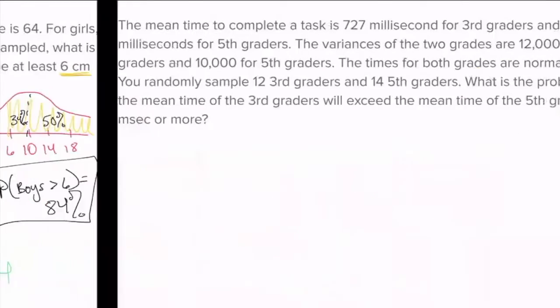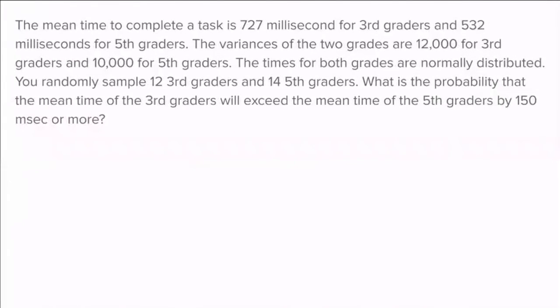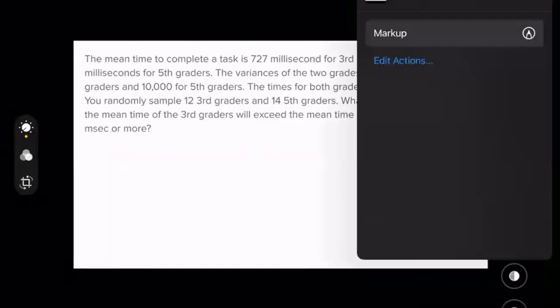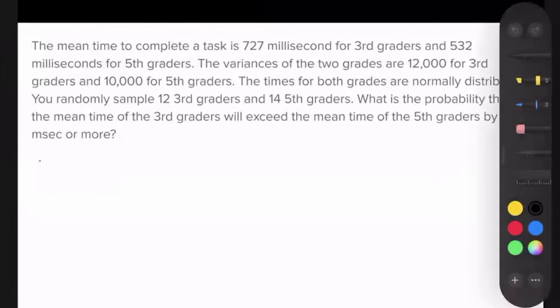It says the mean time that it takes to complete a task is 727 milliseconds for 3rd graders and 532 milliseconds for 5th graders. The variances are 12,000 and 10,000. So my first mean here is 727 milliseconds, and my second mean is 532 milliseconds.